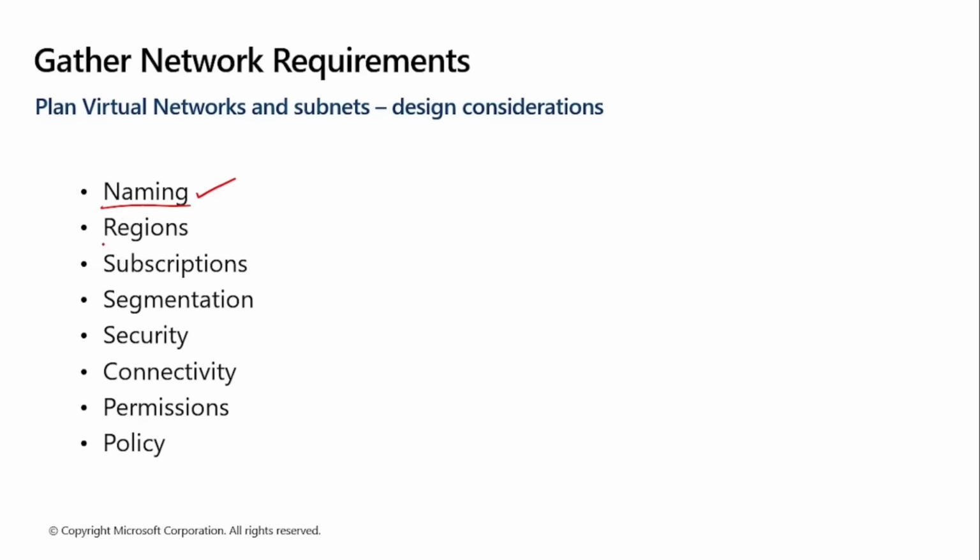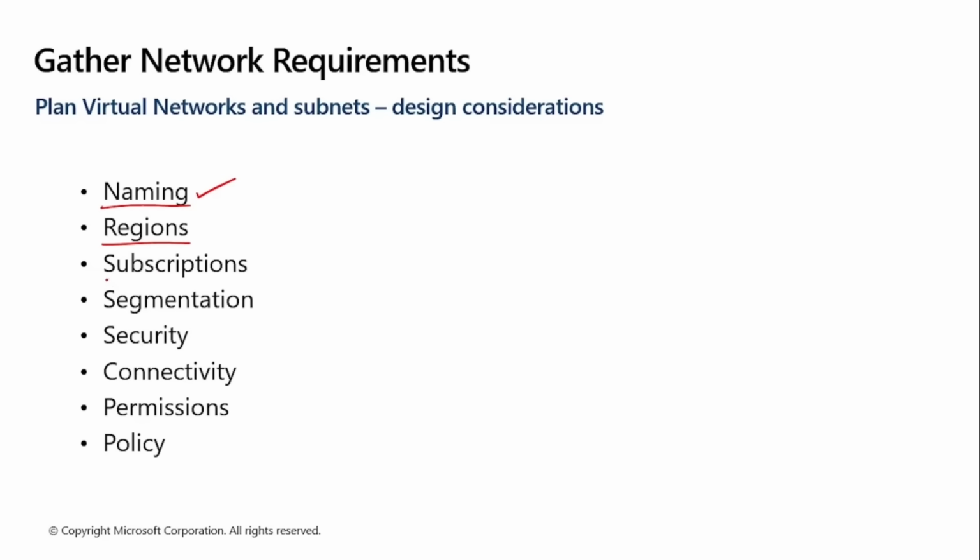Then consider the region where you are deploying your virtual network, where you have data residency concerns, or you will select the region based on various scenarios. One is data residency, second is proximity to the end users, then probably the latency considerations you will have to take care of.